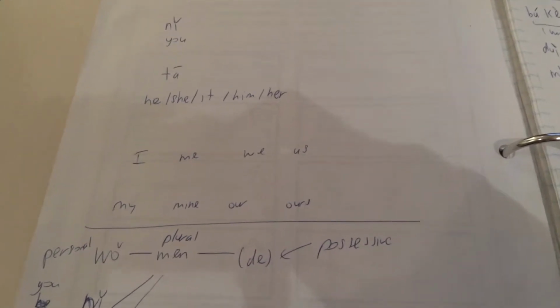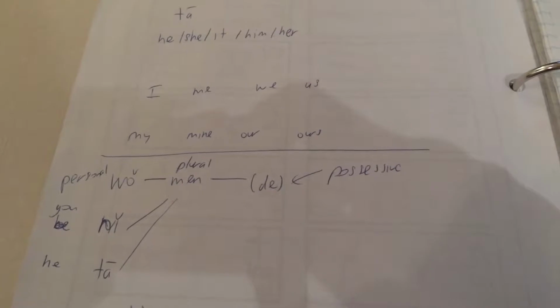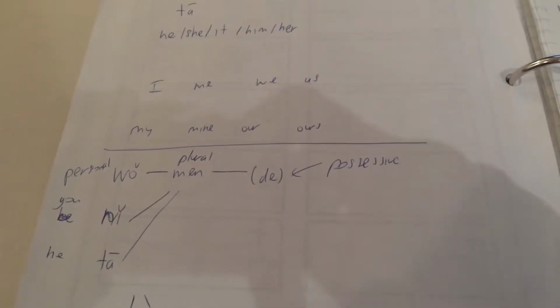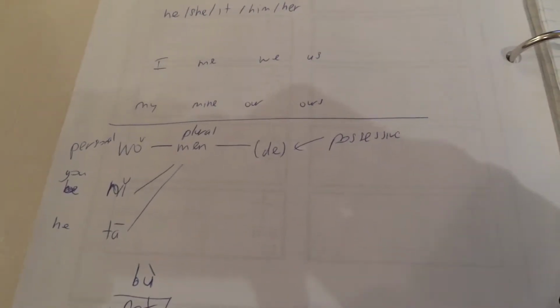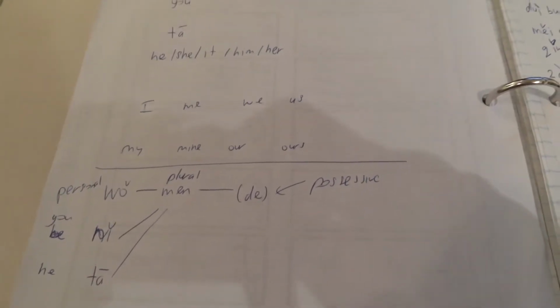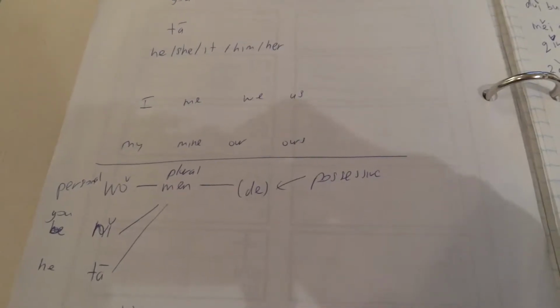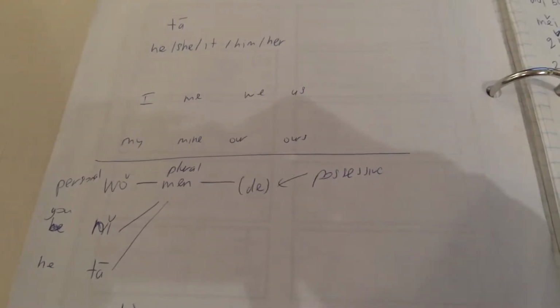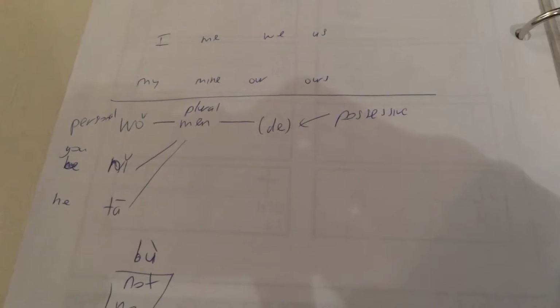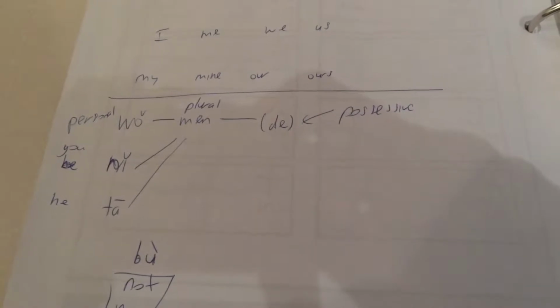If you want to say plural, you got to add the word men after the pronoun. So you can say they want coffee, it's 他们要咖啡. To say more than one person, like we, it would be 我们.